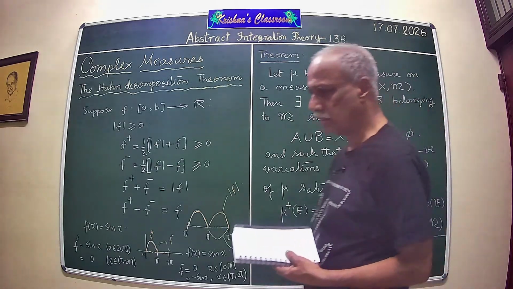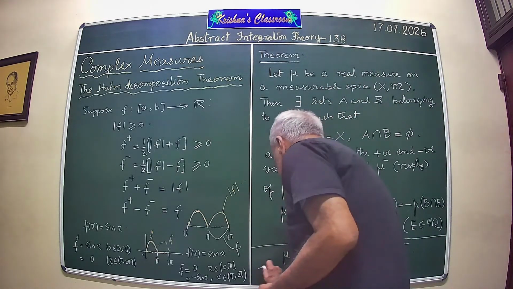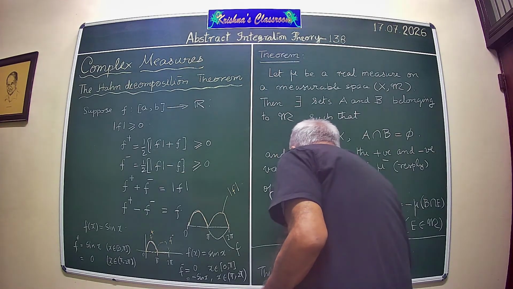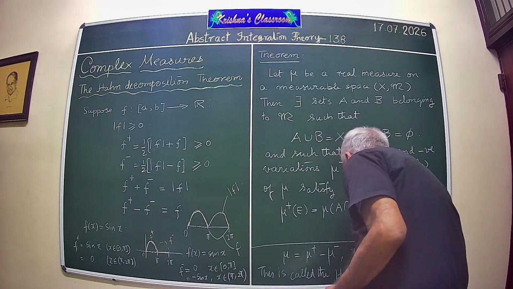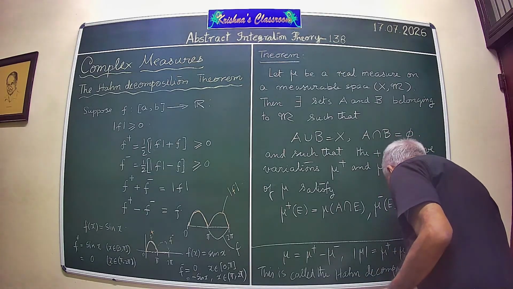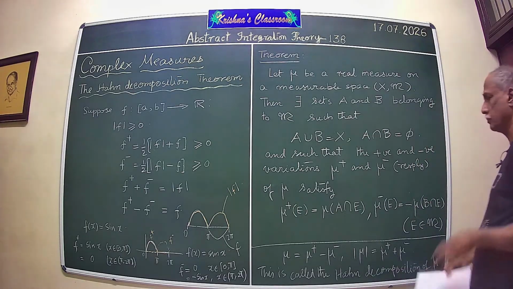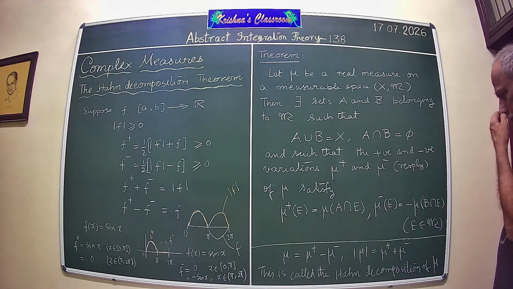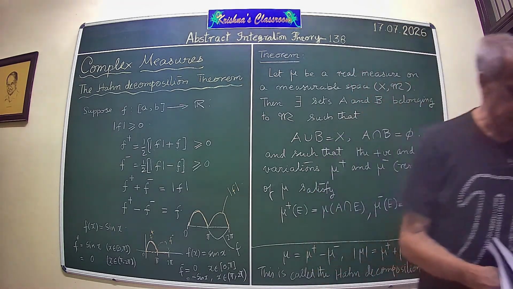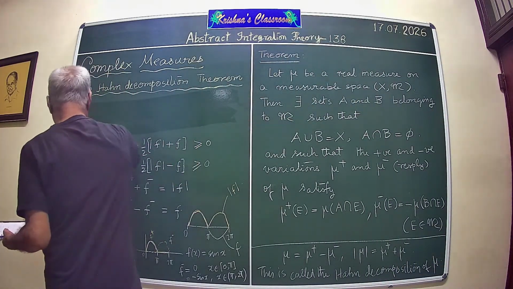So this result we have already seen, and this is called the Hahn decomposition of mu. We stated this earlier, but now we shall actually prove this result, this breakup.